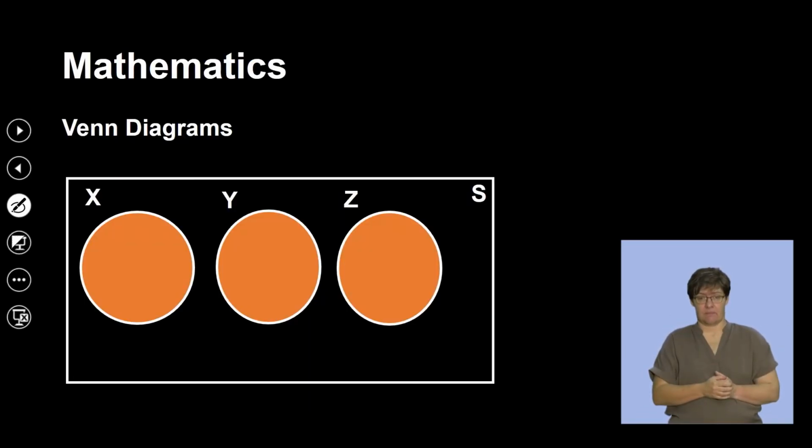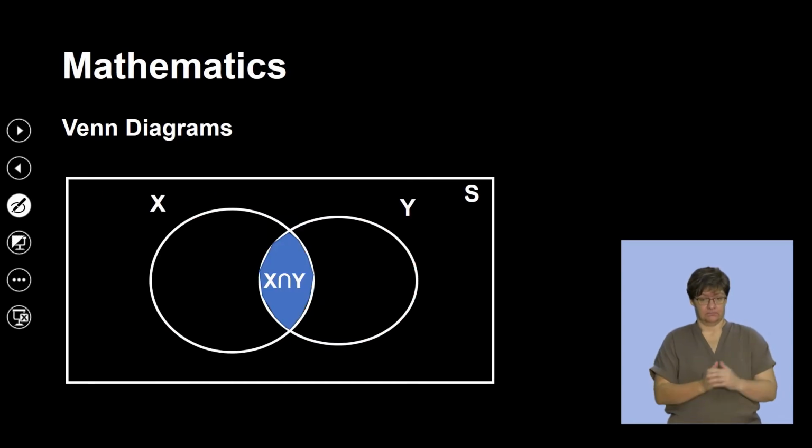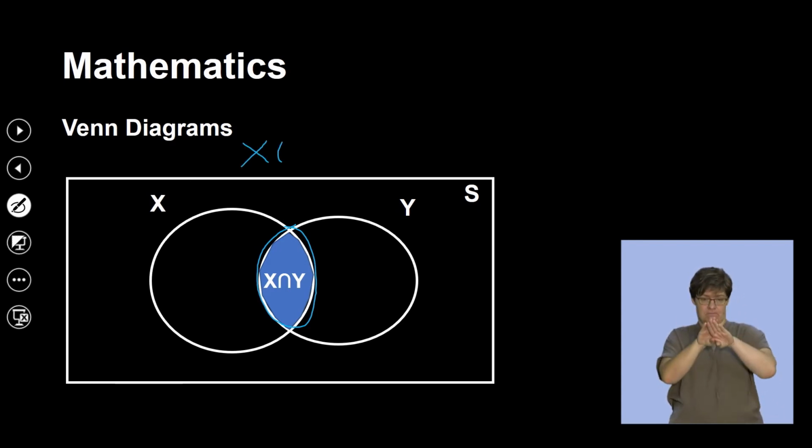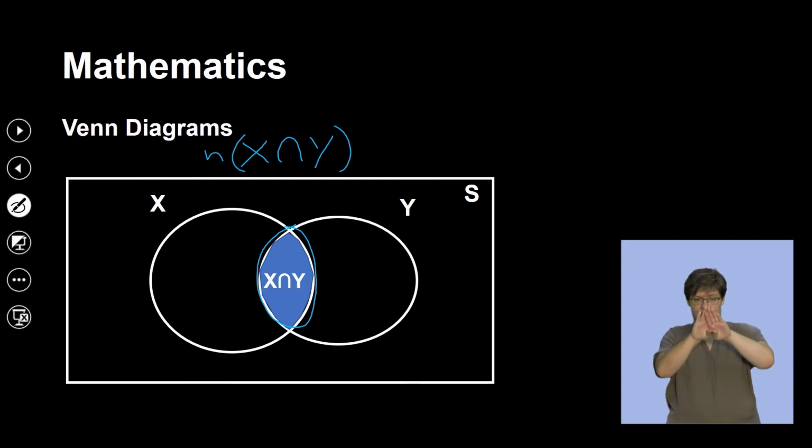Now, if we go on and have a look at these sets, recognize first of all that we've got X and Y, and they are intersecting each other. There is a common element in the intersection. So we can immediately say that the intersection of X and Y is not equal to 0.